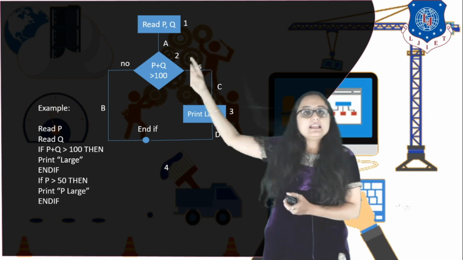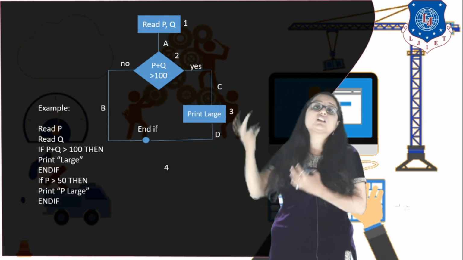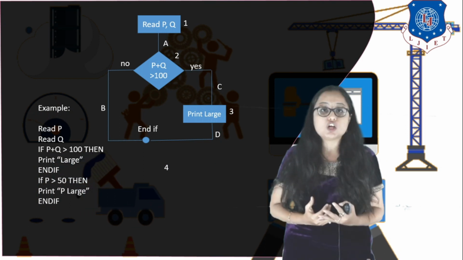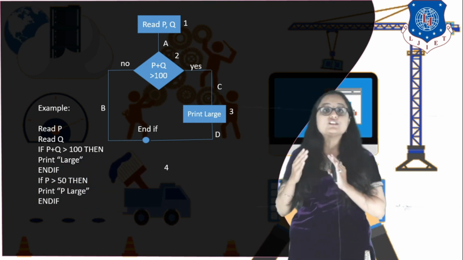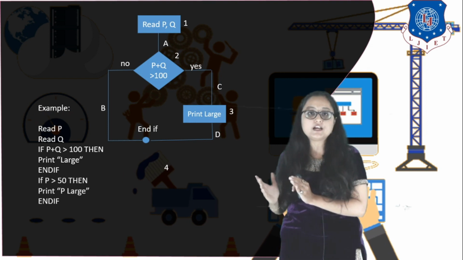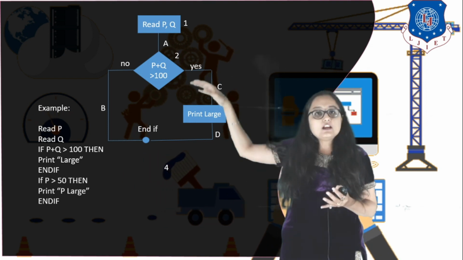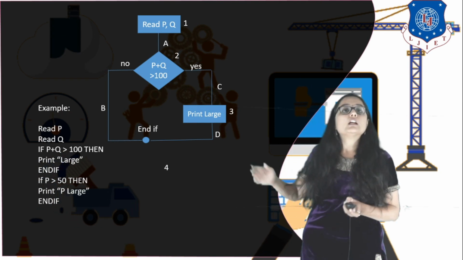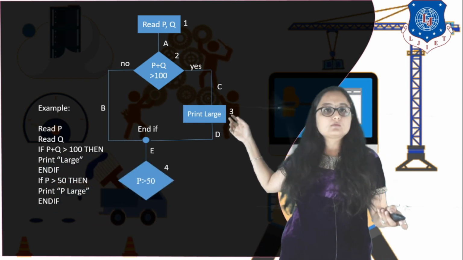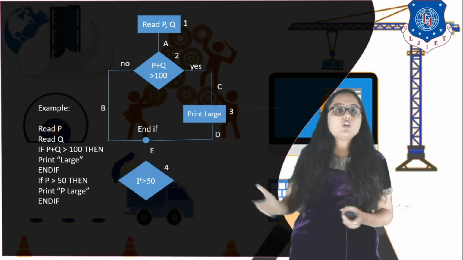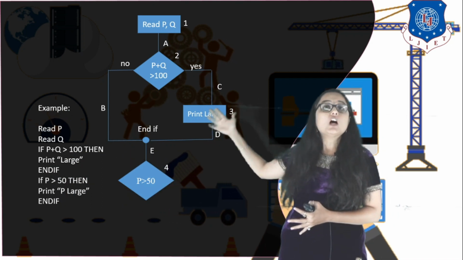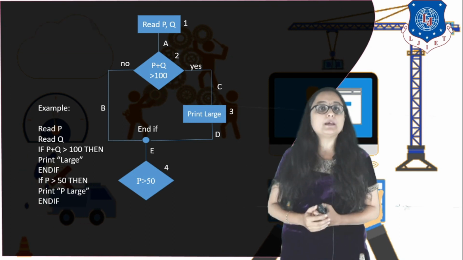Now the next possibility is that the if statement's condition is false. If P plus Q is not greater than 100, what will happen? Then also it ends, so this is basically the end if. After your if condition ends, another if condition is executed.